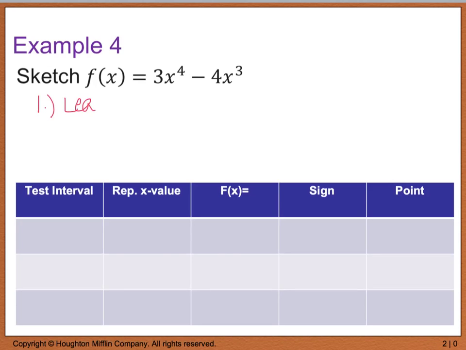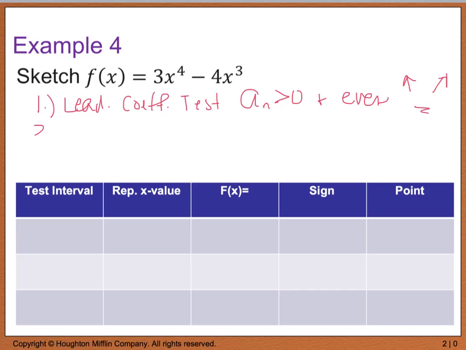We have a leading coefficient test: a sub n is greater than 0, and we're even. What that tells me is I can predict the ends of my graph to both be facing upward, like this. And whatever happens in the middle is kind of up in the air right now.